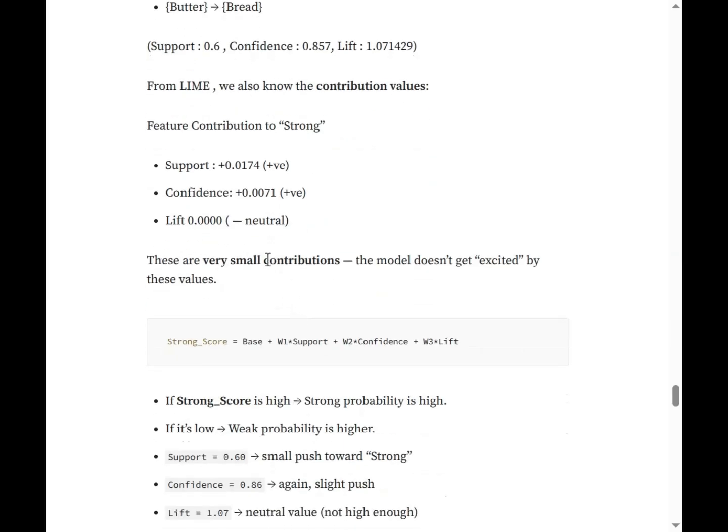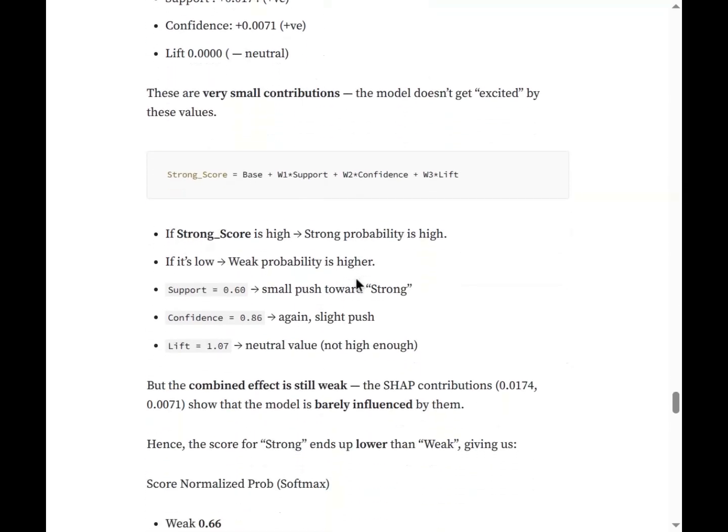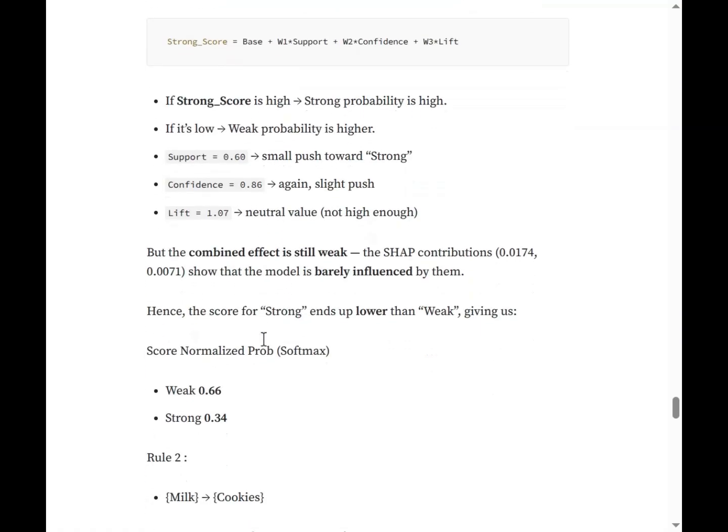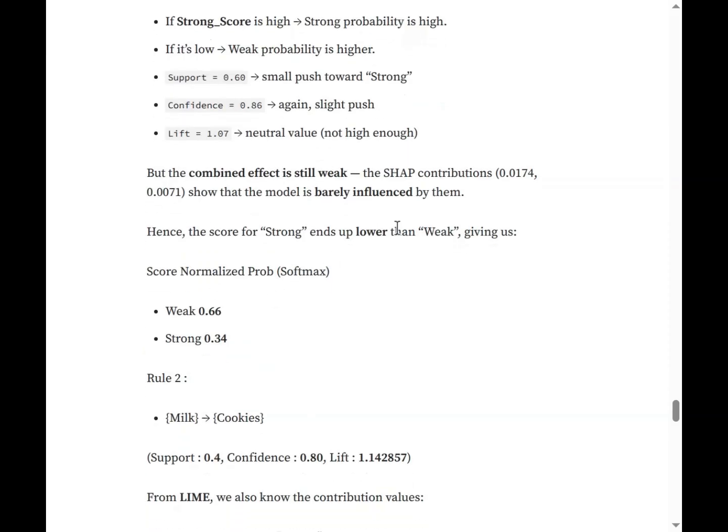So these contribution values are very small. So the model doesn't tell it is strong. See here, the support is 0.6. It is pushing towards strong. Confidence 0.86 is slightly pushing towards strong, but not fully. The lift is not high enough to push towards strong. The combined probability does not end up as strong.